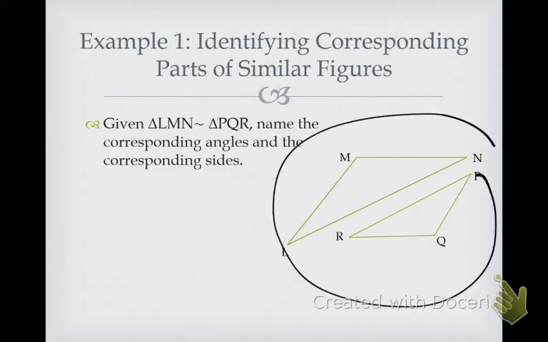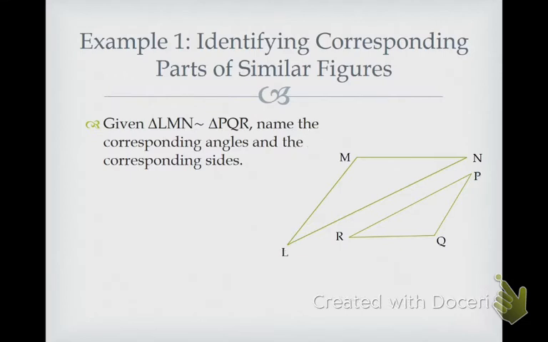Okay, so here's what I tell students whenever I teach this lesson. This is kind of deceptive as far as matching up which angle corresponds with which angle because it's flipped. Now, for this figure, it would be fairly simple to flip it mentally and match up the angles, but really a foolproof and sure way of making sure that you get the angles and sides matched up correctly is to go by the sequence that's listed.